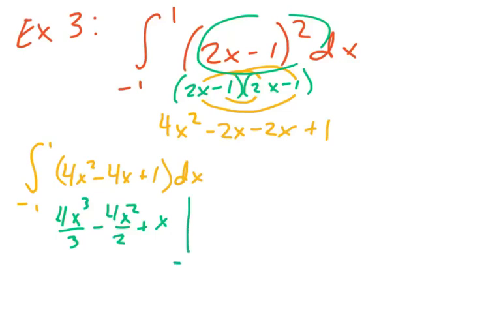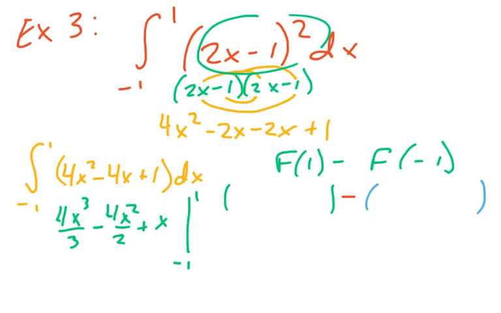So this entire polynomial is going to be evaluated from -1 to +1. So this is going to be the one that has the most terms. Because when I do f of 1 minus f of -1, I'm going to have 3 terms for both of these. Okay, so on the left-hand side, I have 4x cubed over 3.